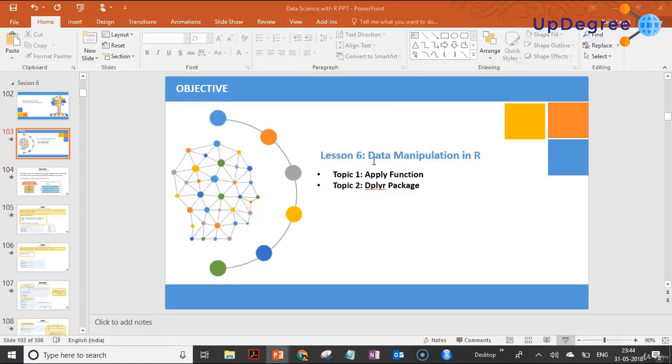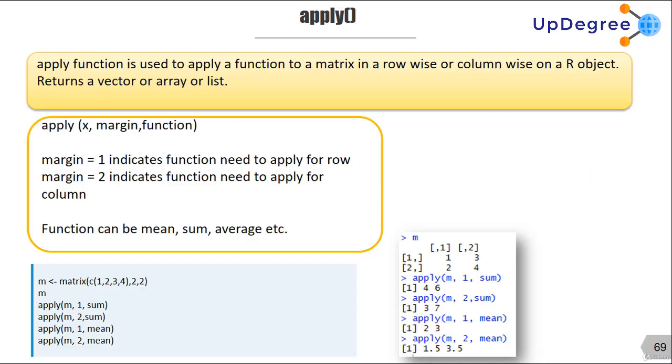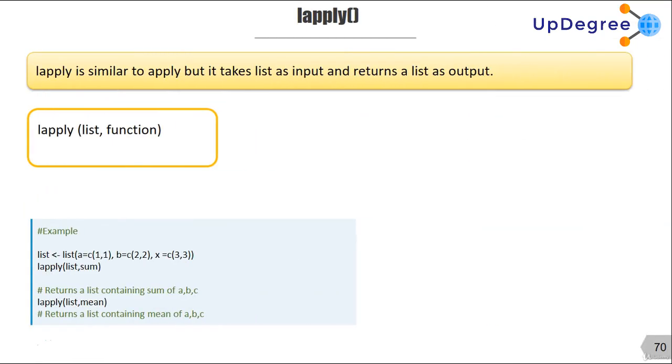Now let's try to understand the next one, which is lapply. Apply takes a vector or a matrix, but lapply takes a list as data, and the arguments remain the same. You can pass any kind of function and it will give you a result.